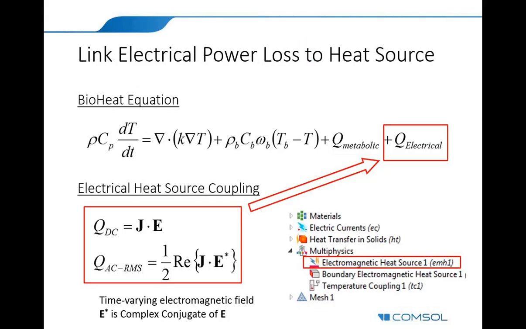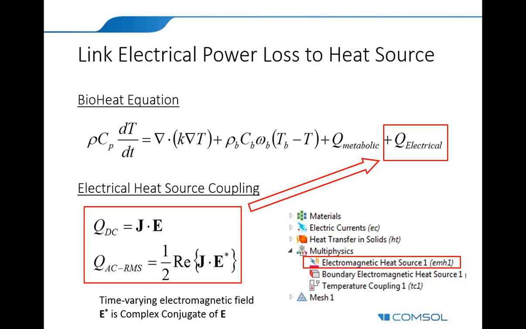Now, the linkage between these 2 physics is pretty exciting. We've got 2 linkages. This particular one that I'm going to do is the volt times amps is power. Power turns into heat. Well, that's J dot E. Now, if it's an AC analysis, it's half the real part of J dot E, which is the complex conjugate of E. Either one is fine.